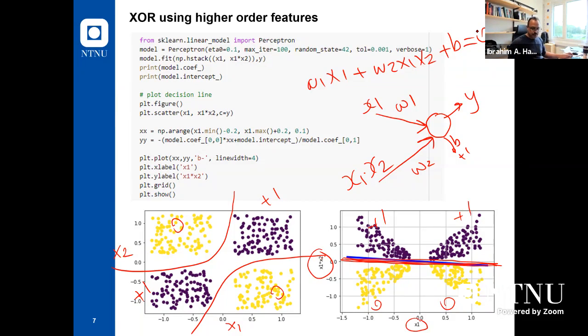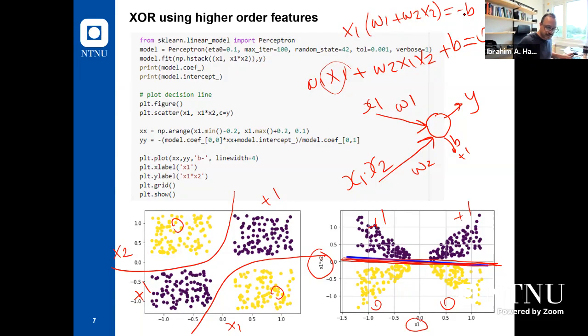If you want to draw the line, we need to assume values for x1, and from this one we need to get x2, right? So if you know x1, we can get x2. If you know x2, we can get x1, right? So we can take, for example, x1 as a common factor. So it will be x1 times (omega1 plus omega2 x2) equals minus b, right?